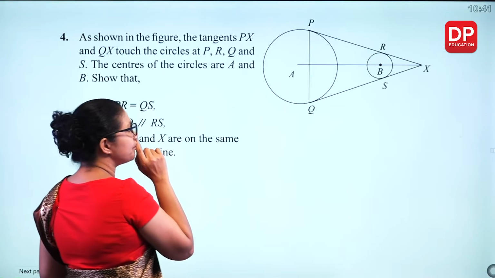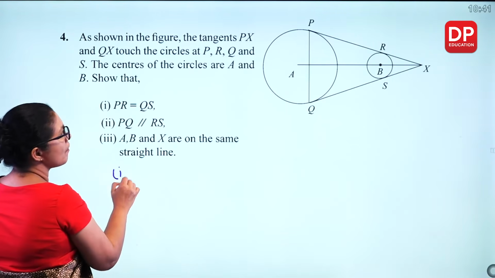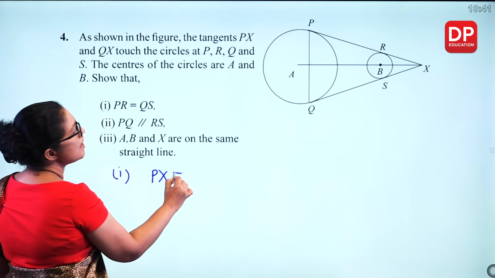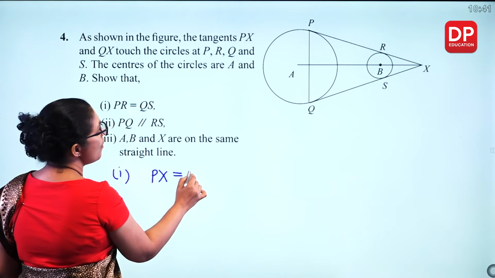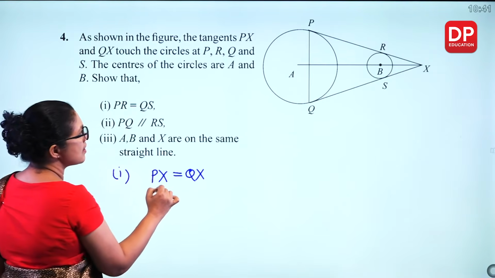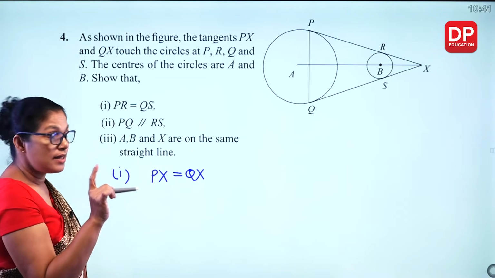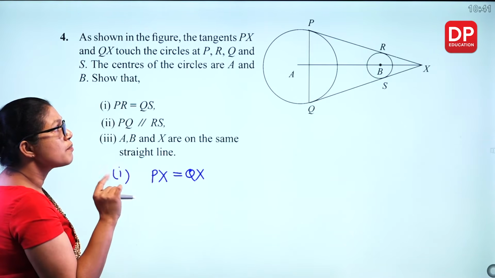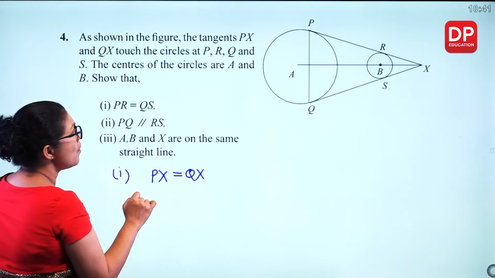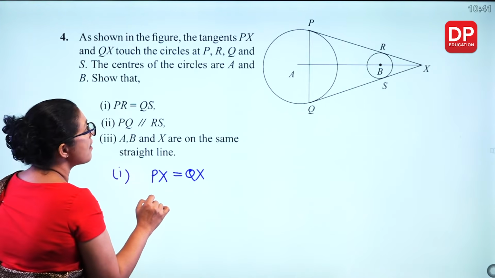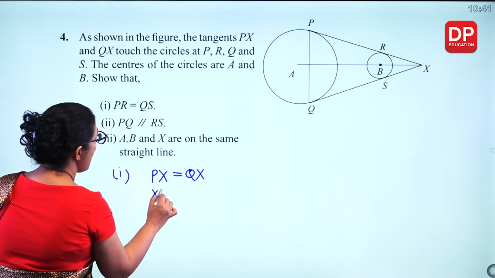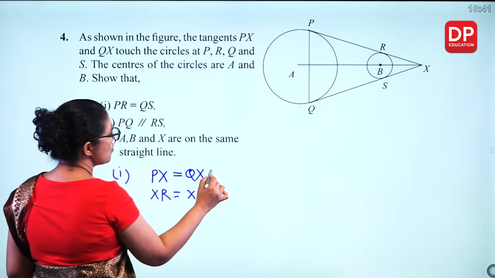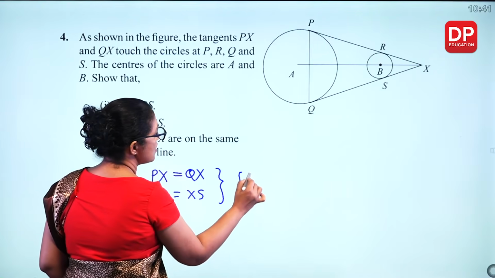It's easy. We know that PX is equal to QX. Tangents are equal. And for the smaller circle, we know that XR is equal to XS. That's also because tangents are equal.